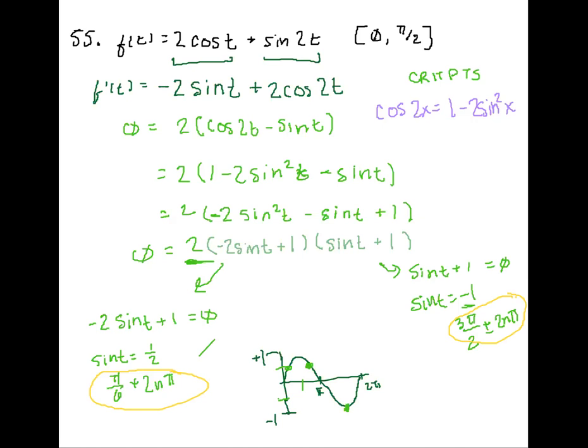So that's pi over 6. And then we add an additional 2. Is that going to be 5 pi over 6 at that point? Perhaps.